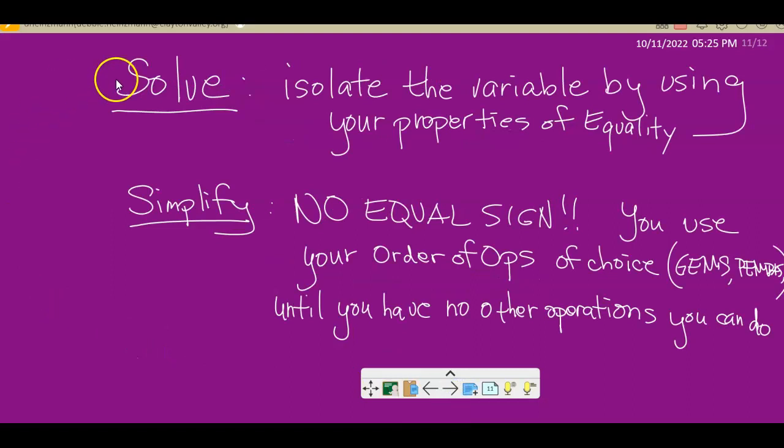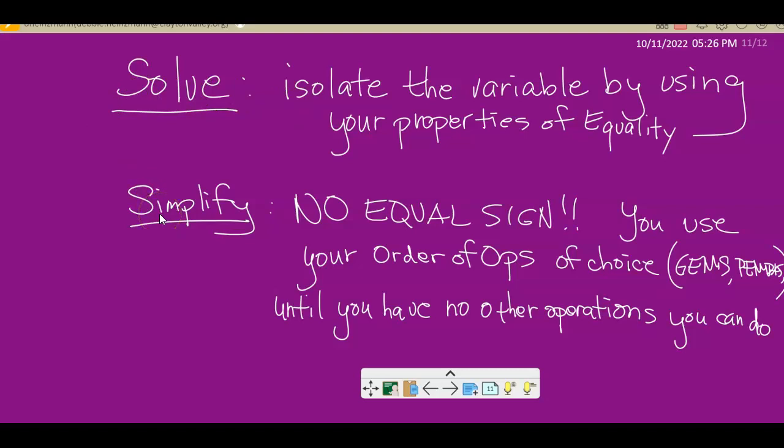So, once again, I want to remind you the difference between solving something and simplifying something. To solve something means you isolate the variable by using your properties of equality. You manipulate the equation to get your term that has your variable all by itself, and lastly, your variable.